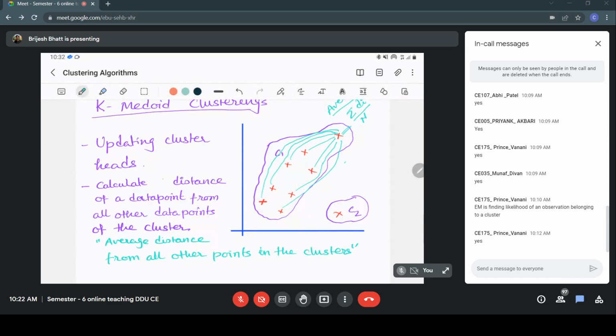We are calculating the average distance from all the points in the cluster. And after doing this, we will choose the one which has minimum distance.